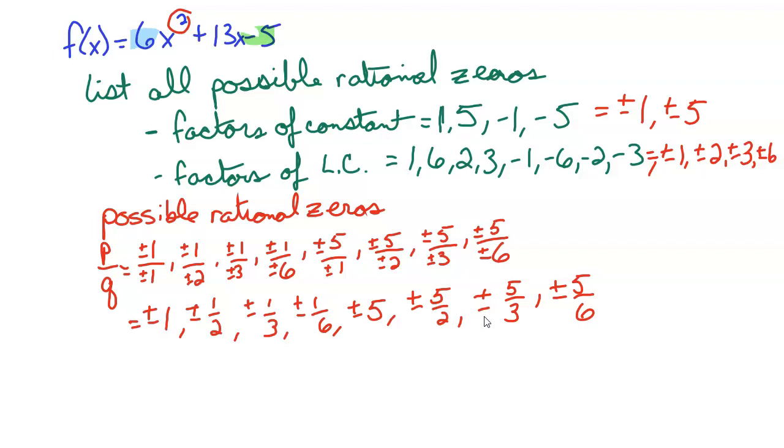That's the nice thing about this rational zero theorem, is if it's not in the list of all the possible rational zeros, it can't be a zero of this function, provided we have done it correctly. Okay? In the next video, we'll do some more examples of this and practice some.